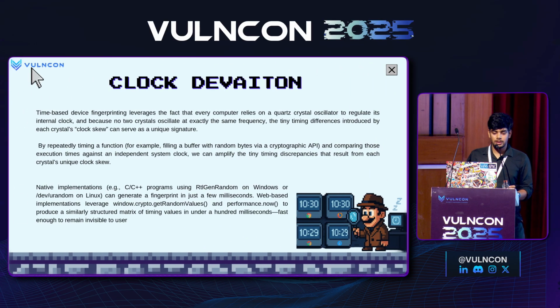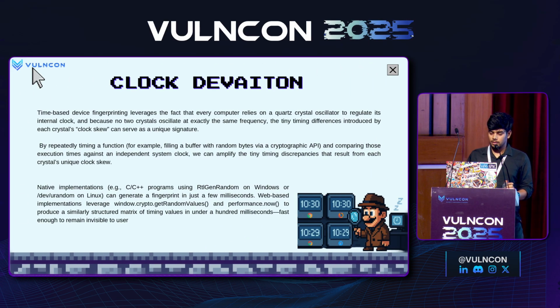Then comes the clock deviation. So time-based device fingerprinting leverages the fact that every computer has its own internal clock, and each clock uses a quartz crystal oscillator. Now, no two crystals can oscillate at exactly the same frequency.